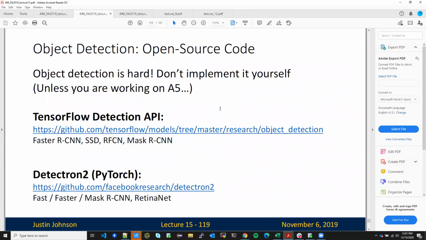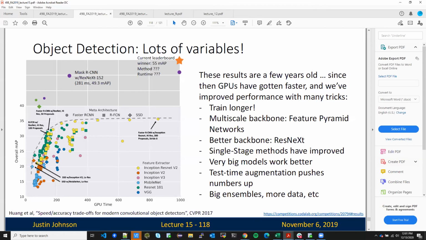Suppose you need to use it in your work. There are just too many steps, like you saw. You pick the backbone, and I didn't talk about doing backpropagation through the region proposals and through the backbone. So your training becomes a little more complicated, with more things to take care of.